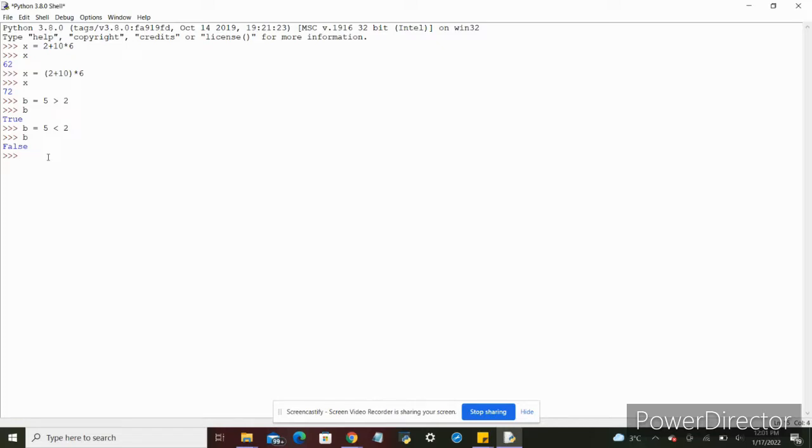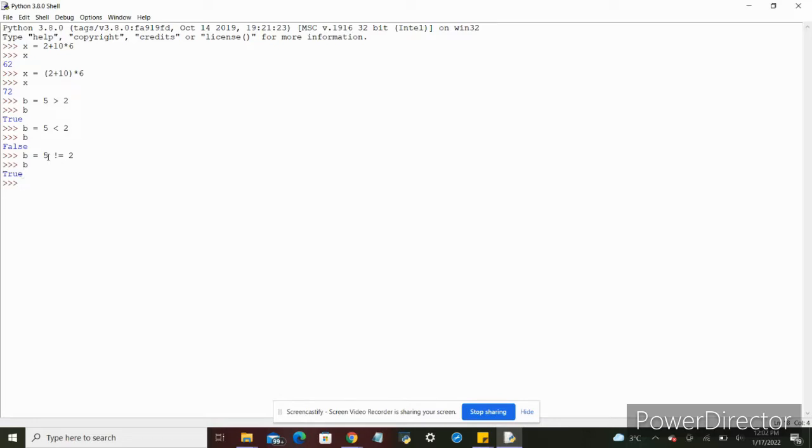And then there's the not equal to, which is an exclamation mark followed by the equal to sign. If I do b equals 5 not equal to 2, well, it's true because 5 and 2 are different numbers.